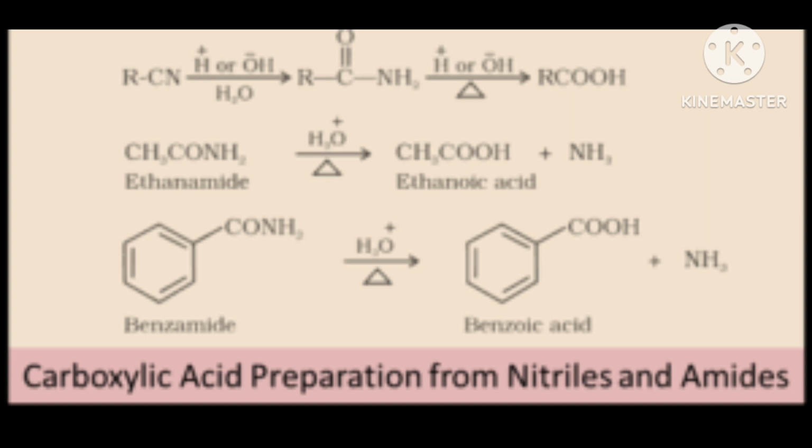Today I will continue from the last class. Last class I started carboxylic acid and I started the preparation of carboxylic acid. Under that, I discussed two methods: preparation of carboxylic acid from primary alcohol and aldehydes, and second, from alkyl benzene.